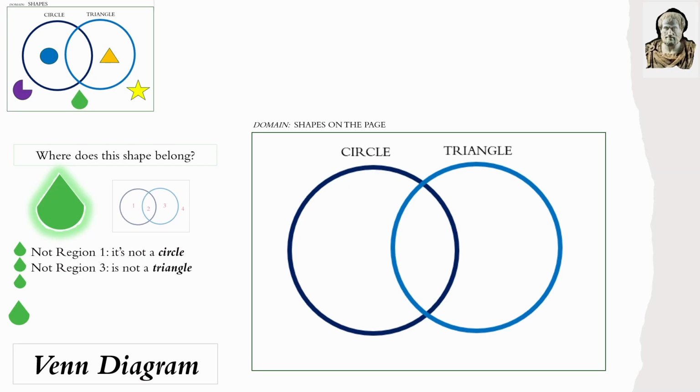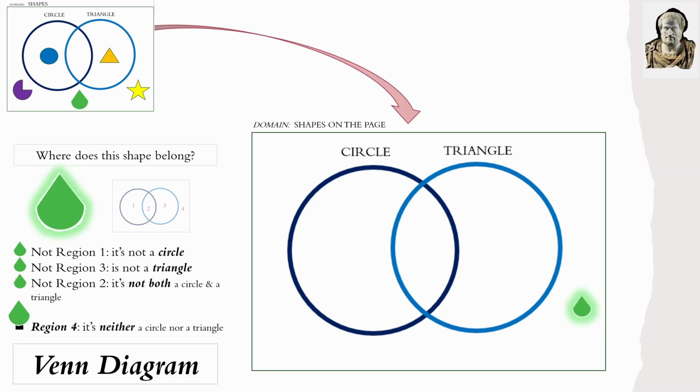It doesn't belong in region 3 because it's not a triangle. It doesn't belong in region 2 because it's not both a circle and a triangle, because it's neither. It does belong in region 4, which is where you put the things that are neither circles nor triangles. They fall out of both of those categories. So we put it into region 4.